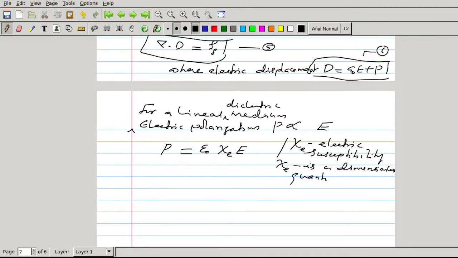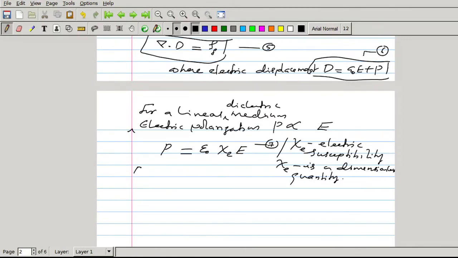So electric polarization P equal to epsilon 0 chi E into E. This is for a linear system. If it is a non-linear system, it will include powers of E, such as E square, E cube, etc. Since it is a linear medium, we can write P equal to epsilon 0 chi E, equation 7.